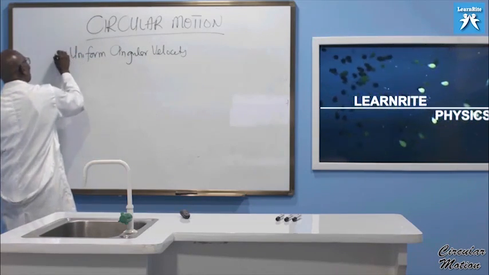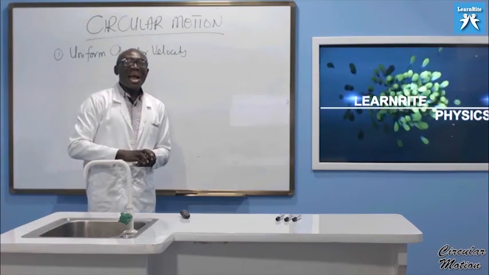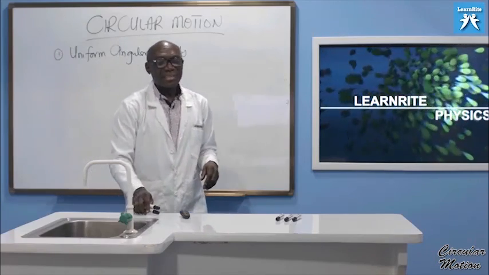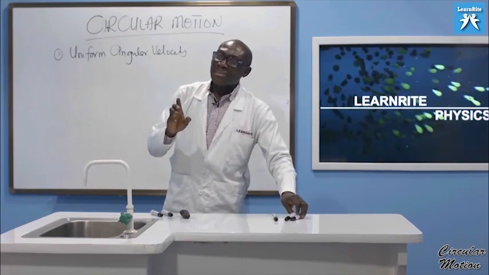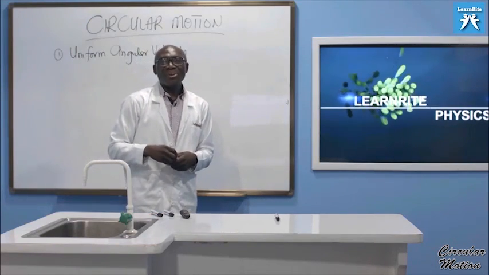What is this? We are talking about types or forms of angular velocity. The first one to look at is uniform angular velocity.